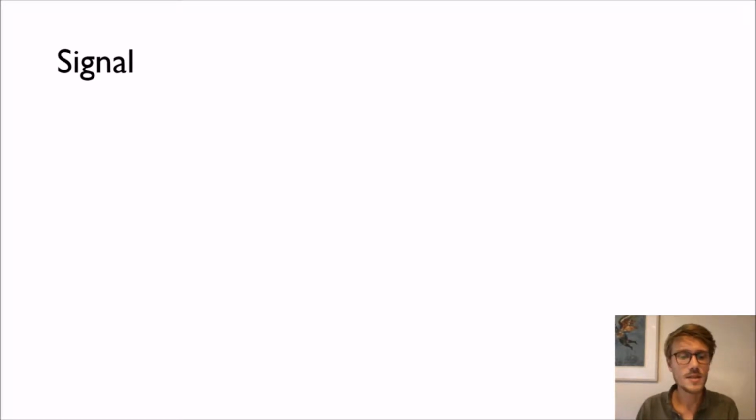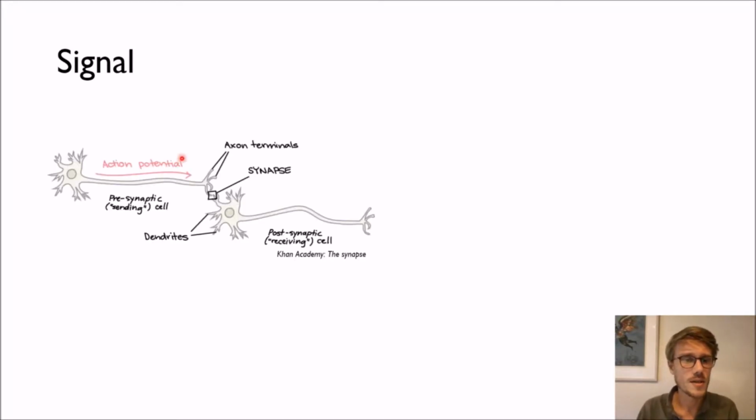So what signal does an MEG measure? For this, we'll have to look at some basic neurophysiology. And we'll consider the neuronal communication between two neurons as an example. There is the presynaptic cell and the postsynaptic cell, and the information is flowing from the presynaptic to the postsynaptic cell. Now, communication starts with an action potential in the presynaptic cell, which leads to the release of neurotransmitters into the synaptic cleft.